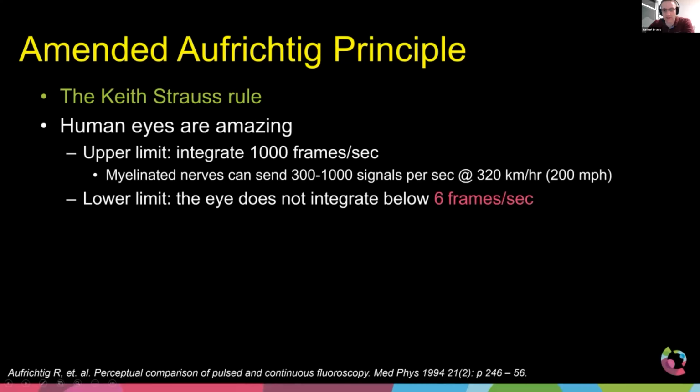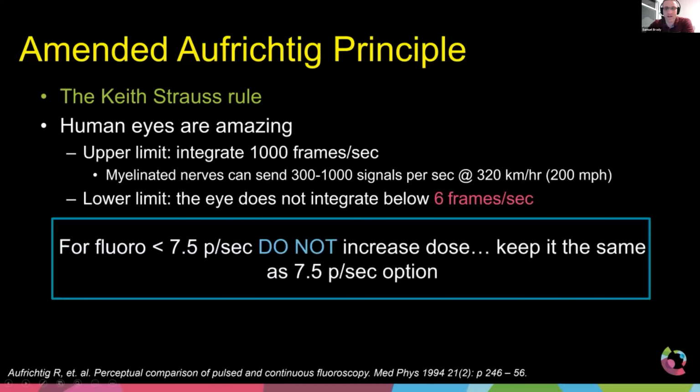But what that basically means, as I've mentioned, is that we can integrate, we can average 6 frames per second. If you go below this value, so once you get to 7.5 pulses per second, from 30 to 15 we've increased the dose per pulse, 15 to 7.5 we've increased the dose per pulse.